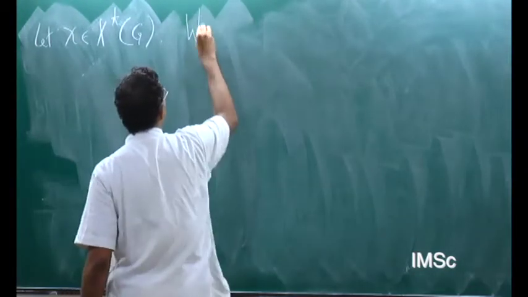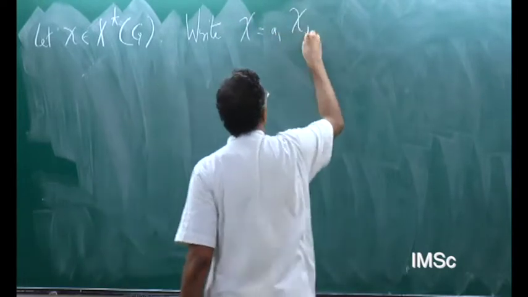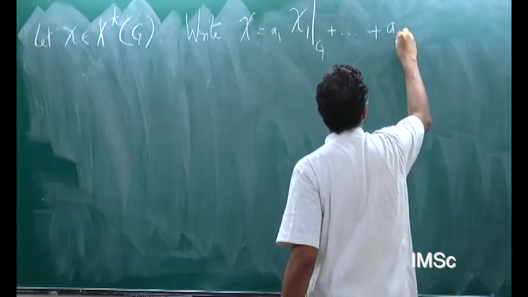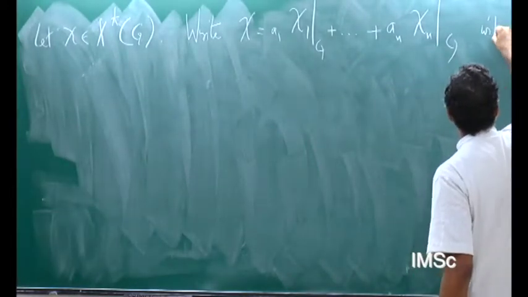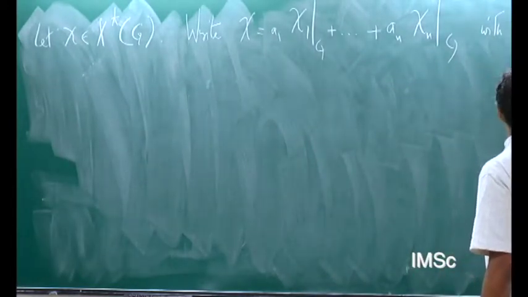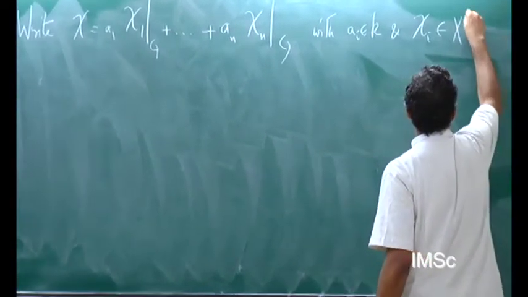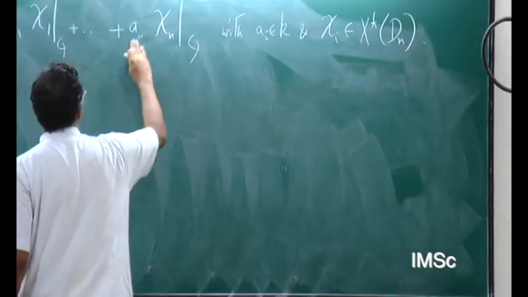So this chi is in particular a function, and therefore it can be written as chi equal to A1 chi 1 restricted to G plus ... plus An chi n restricted to G, with Ai in K and chi i in X star of Dn, or maybe not n but some other s.